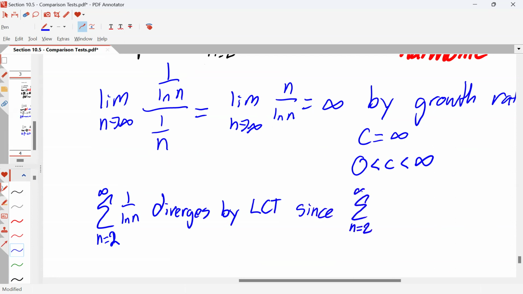I'm going to put both those pieces in the conclusion sentence to make it clear. Both of these were necessary. And 0 less than c less than or equal to infinity, because c is infinity.